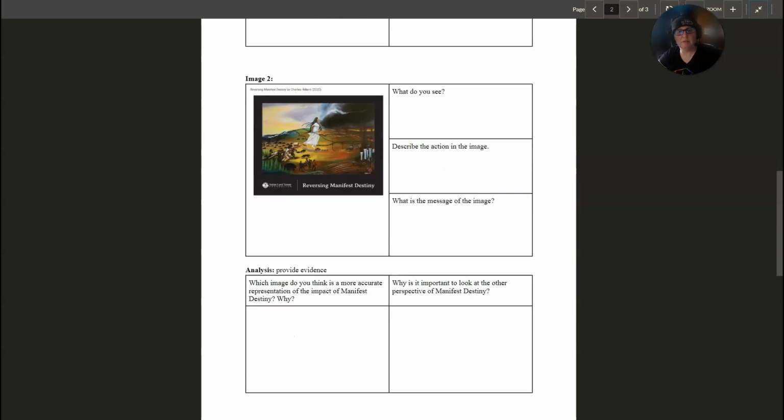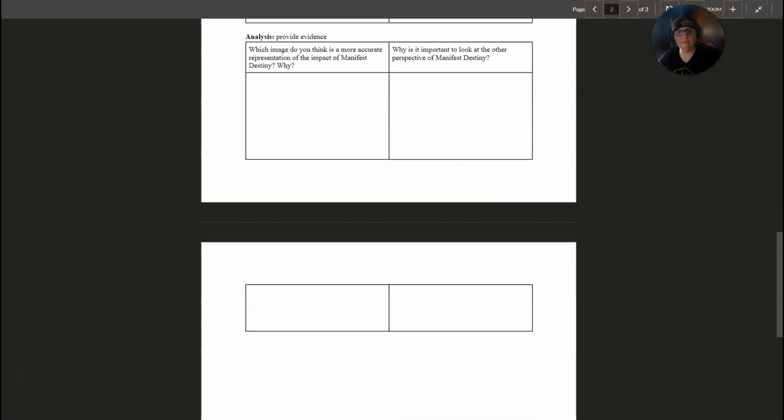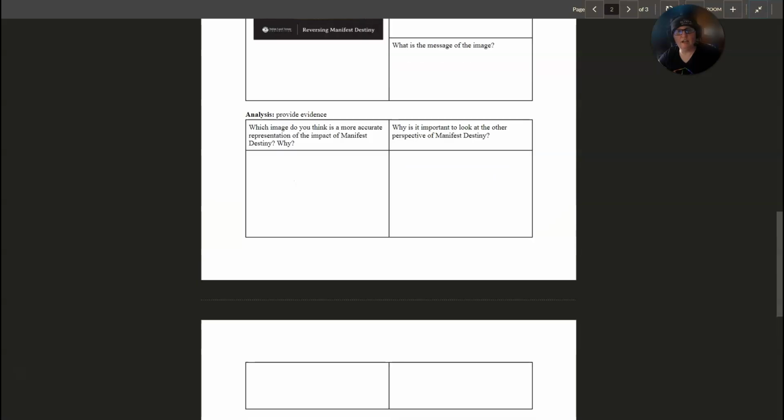So we've got those 2 images, and then at the very end, we've got 2 more questions. Again, these are thinking people's questions. Which image do you think is a more accurate representation of the impact of manifest destiny, and why? Worth knowing, you can answer this either way using either image.